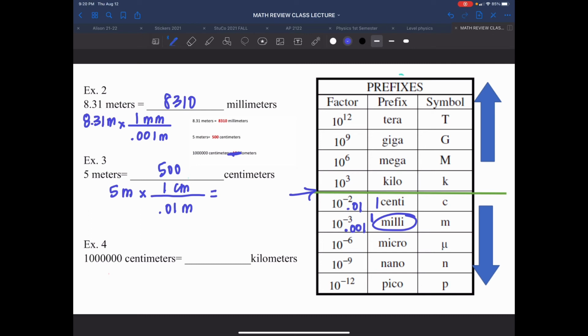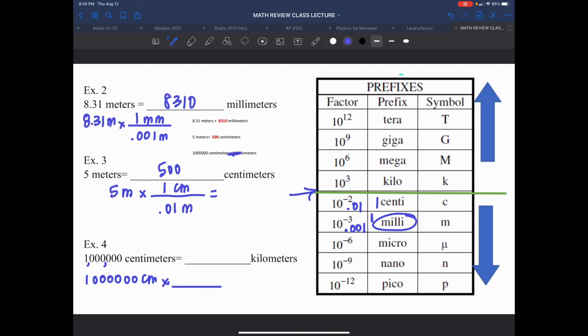Uh-oh, it's going to be 2 steps. You need to go from centimeters to meters, and then meters to kilometers. So this one is going to go, okay, centimeters.